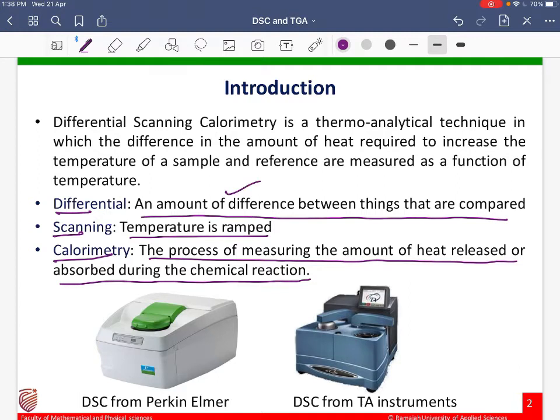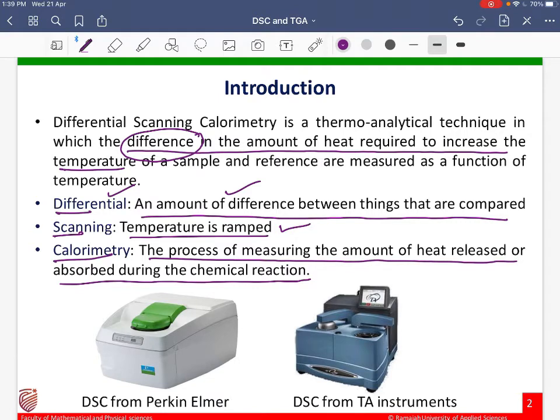In differential scanning calorimetry, we are analyzing the difference in the amount of heat required to increase the temperature. So this difference is the differential in the name.